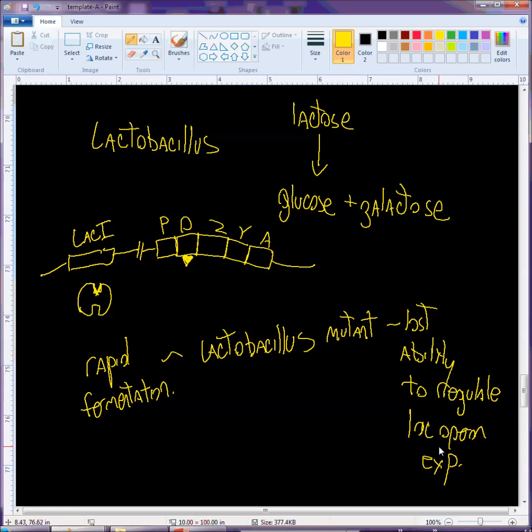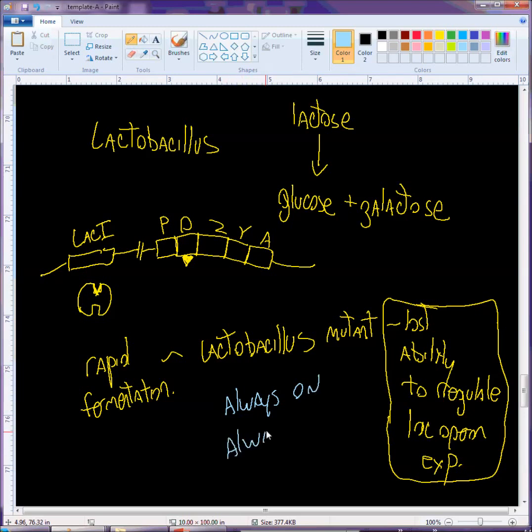So would you consider it likely that in this subspecies, this mutant, the lac-operon is on or off? So is it always on or always off? Okay, so we know that it lost the ability to regulate the lac-operon. So we need to figure out if the operon now is always on or always off.